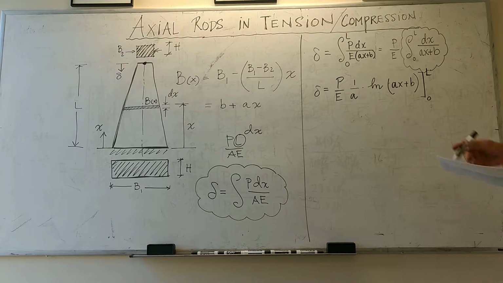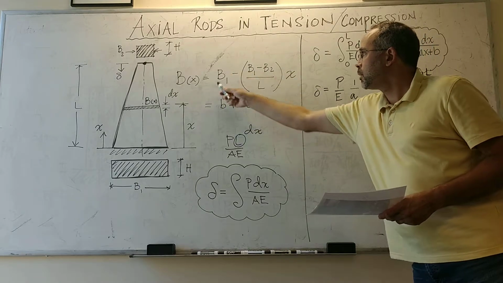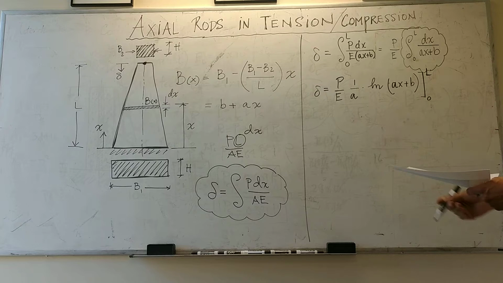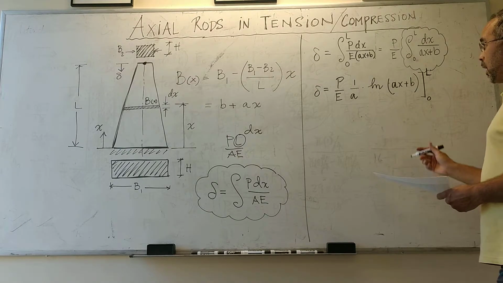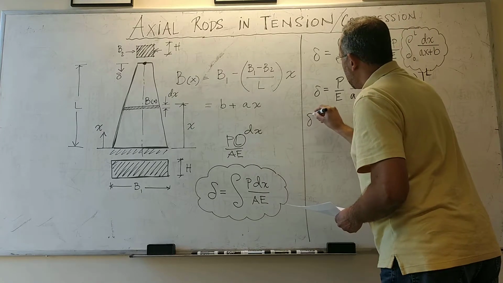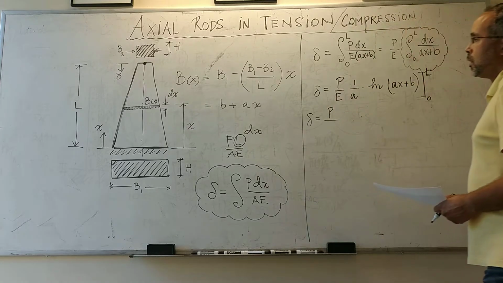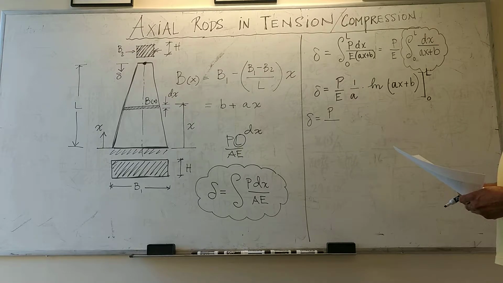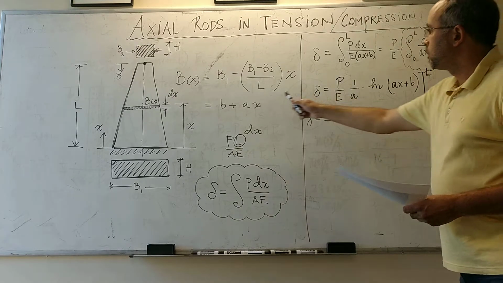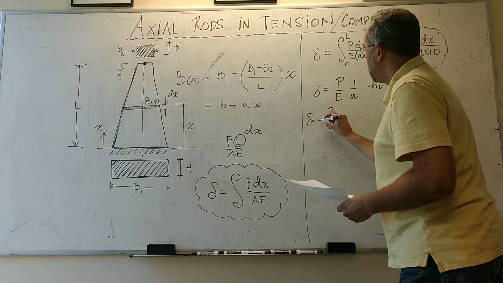So now we just simply need to repopulate a and b, plug it back in here, and get the final expression. If we do that, this is what we obtain. P, and a is this term, so there is a minus term that comes in here.